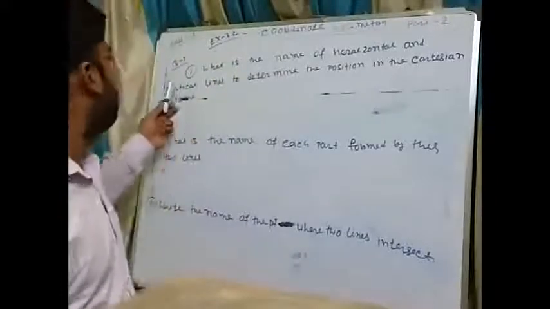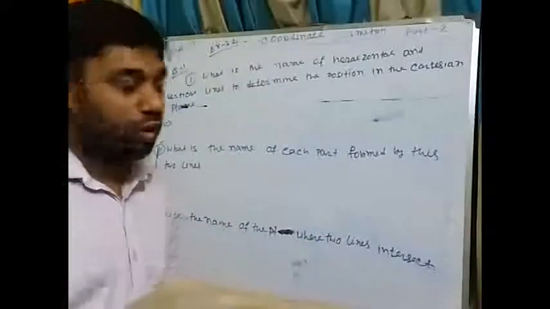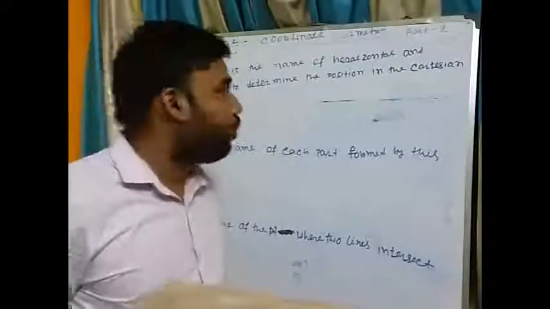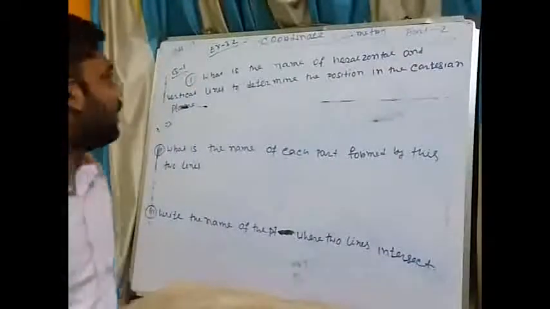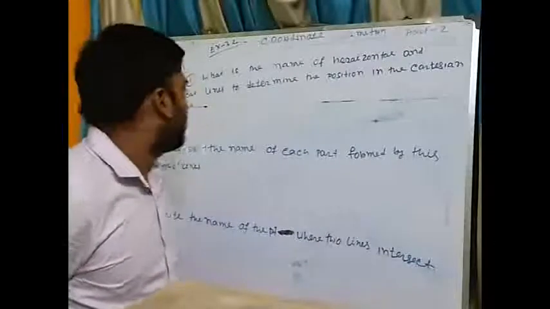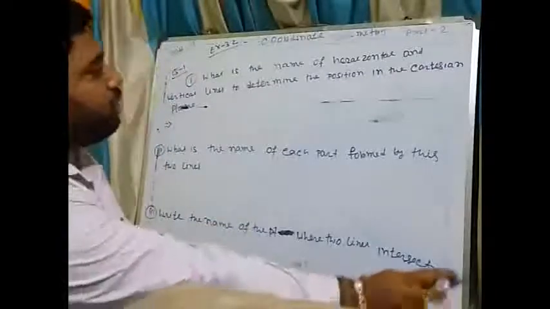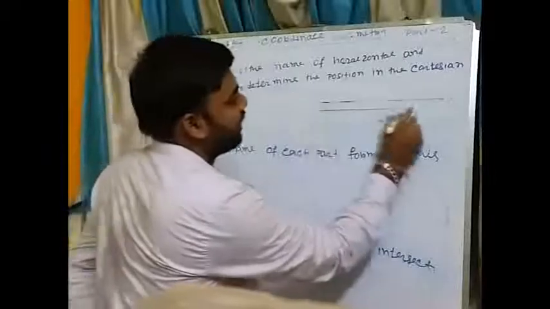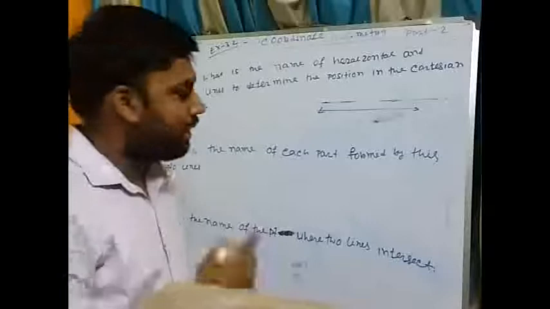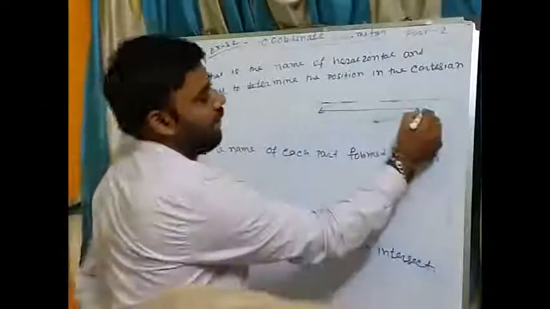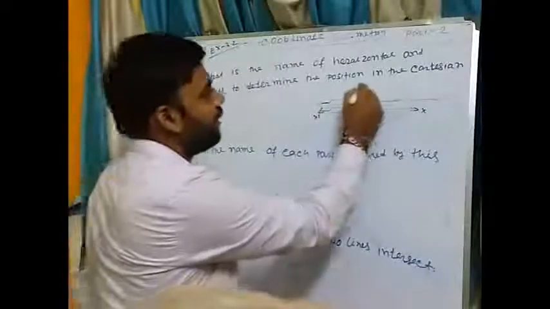Question number 1 of exercise 3.2. The first question of exercise 3.2 is: what is the name of the horizontal and vertical lines used to determine the position in the coordinate plane? In coordinate geometry there are two lines, a horizontal line and a vertical line. In the previous class we discussed x dash, the horizontal line, and y dash, the vertical line.